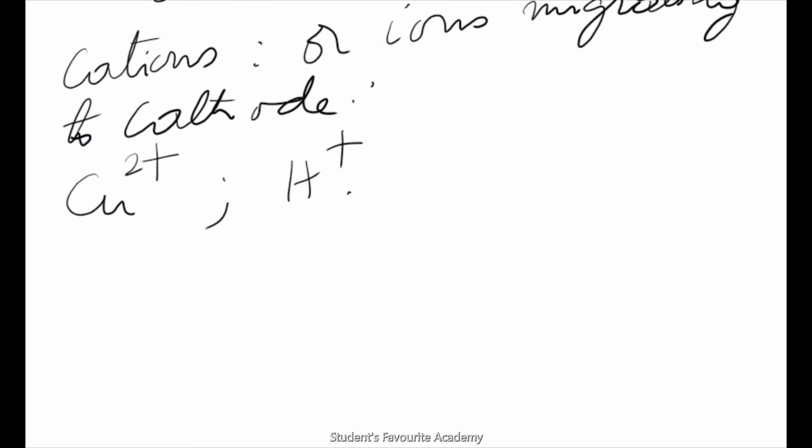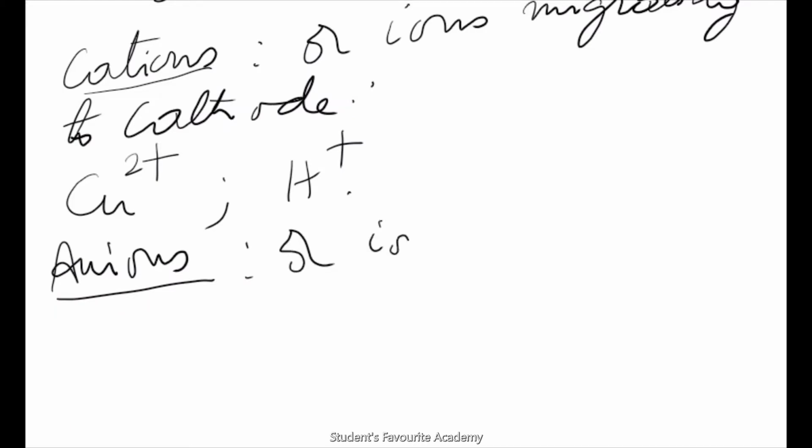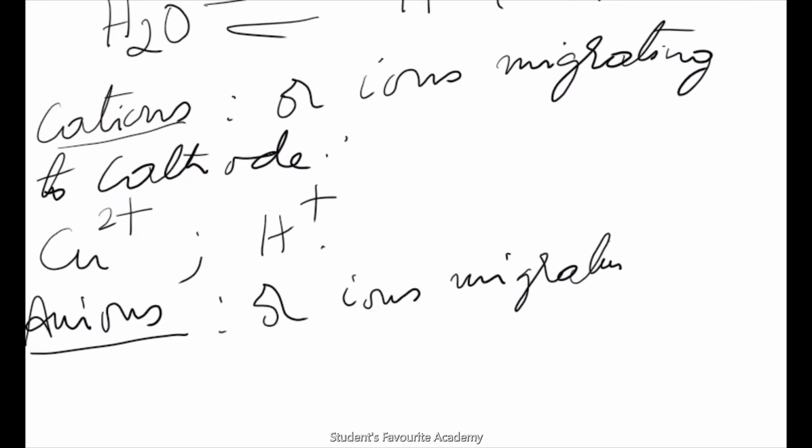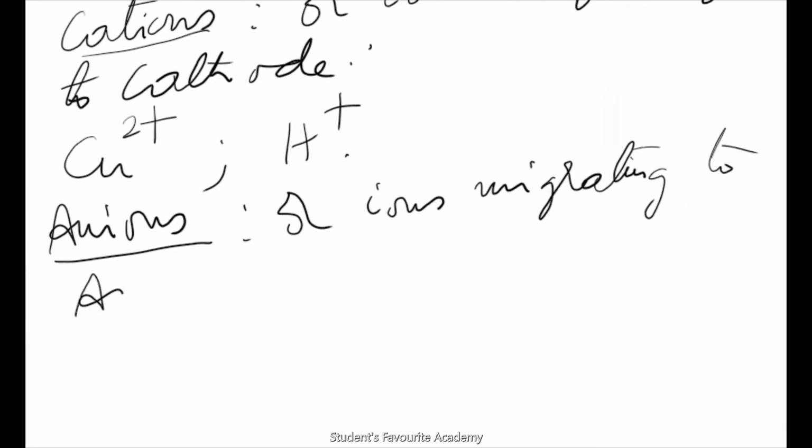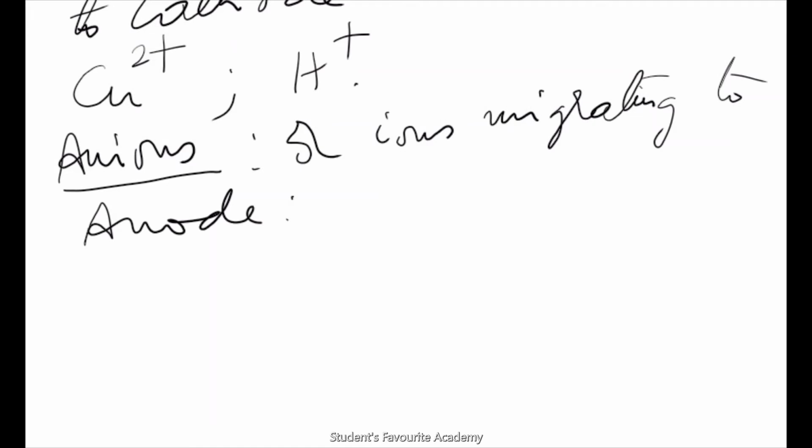And anions, or ions migrating to anode, at the anode you will have SO4 2 minus and OH minus.